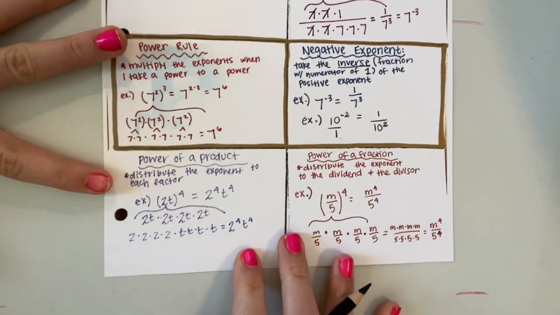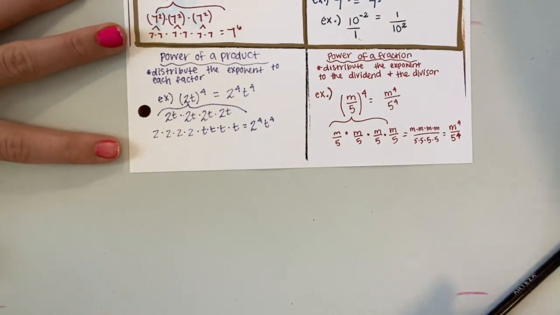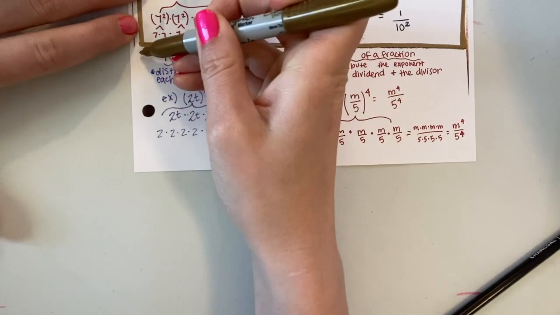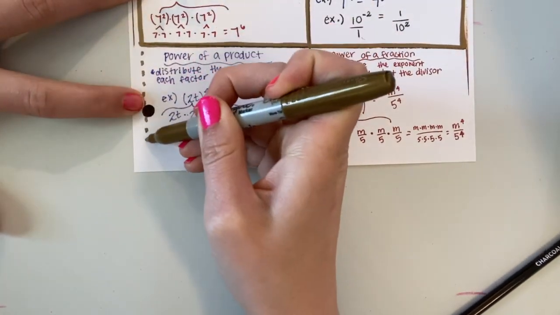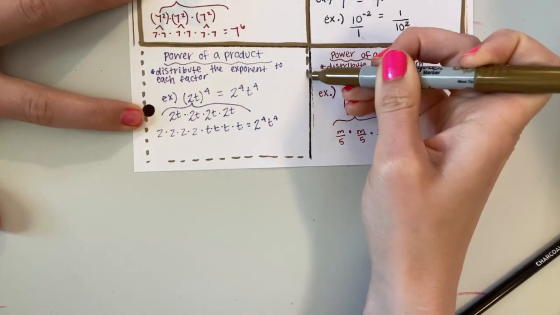The next two, we kind of have to have memorized. It's just a little bit like the distributive property. So our rules that we're going to look at next cover this.